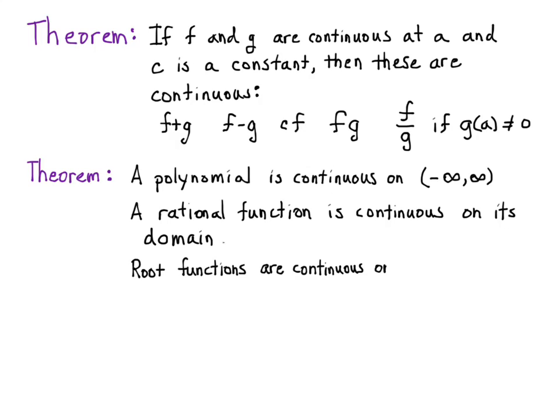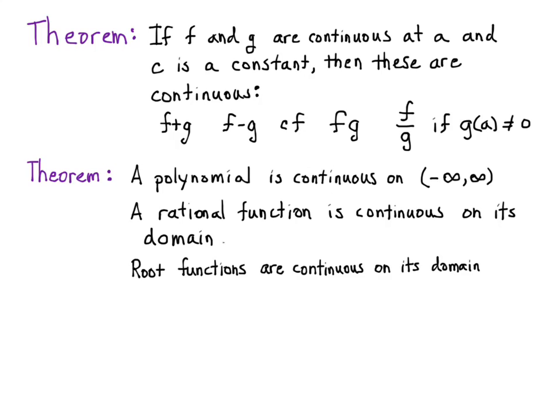Okay, so then I can apply all these things to forms of functions that we've talked about in the last few weeks. We know that a polynomial is continuous over all real numbers because x is continuous over all values of x, x squared is continuous over all values of x, any constant or coefficient times x squared is continuous, and so we can build up a polynomial that way, and we end up with every polynomial being continuous.